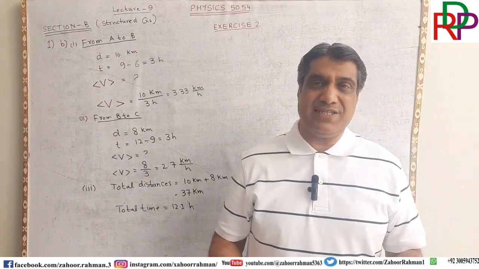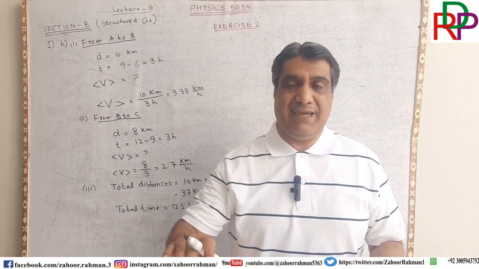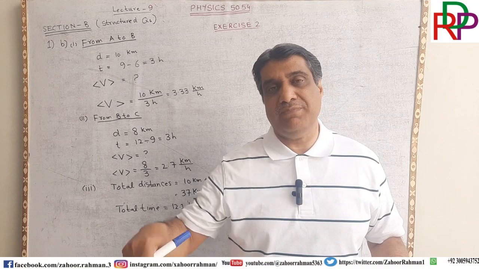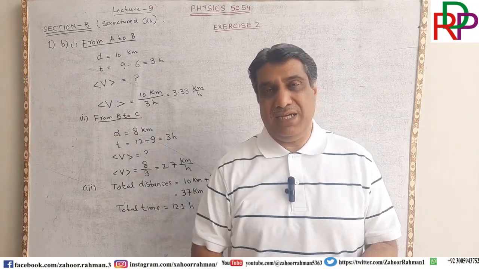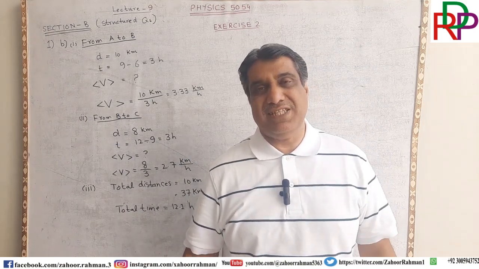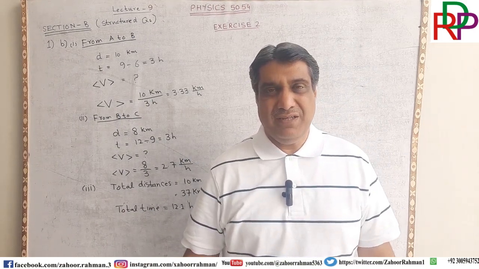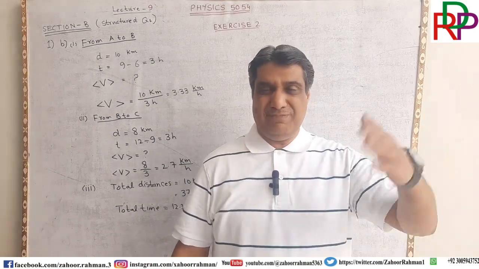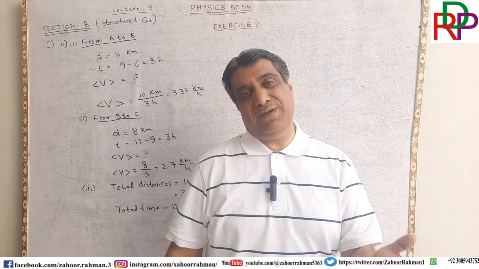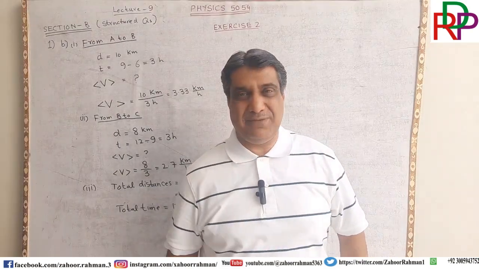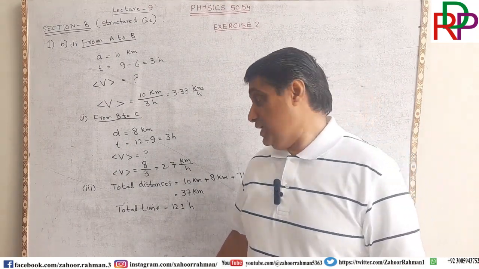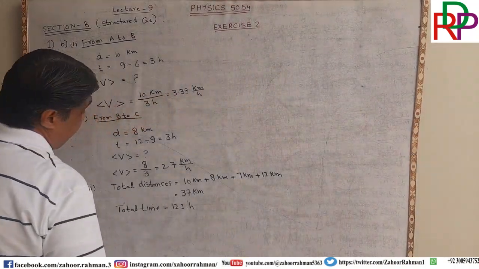Because when we are starting from 6 a.m. until 6 p.m., then it means 1 minute is over. If it is 11:59, then it means that it is 12 hours. Before the 59 second, that is 12 hours, but if it is 60 seconds, then it means that 1 second is increased. So we are taking 12.1.